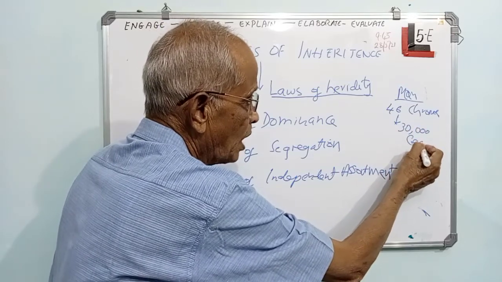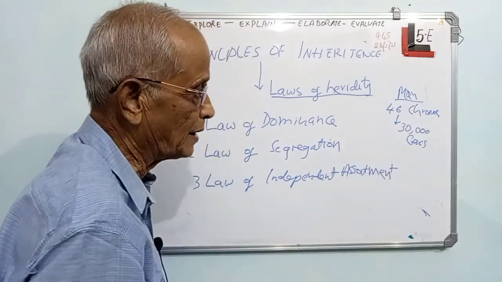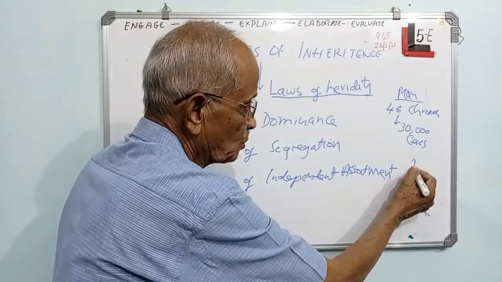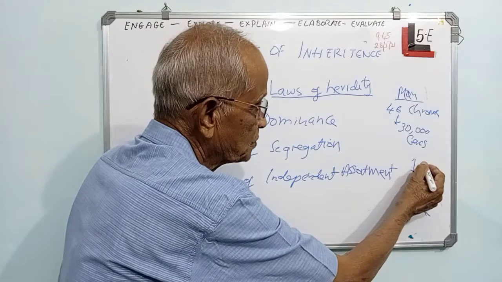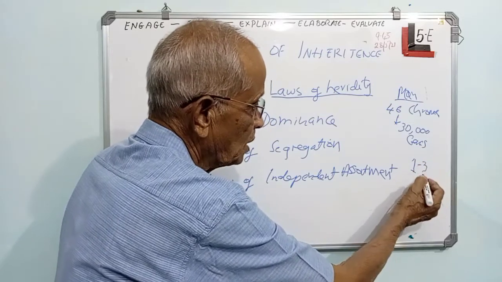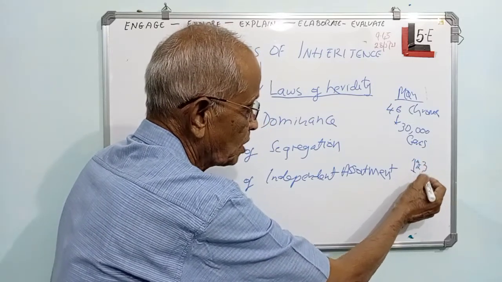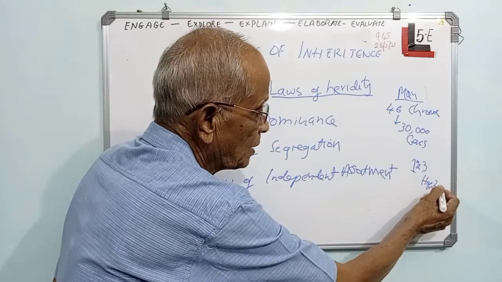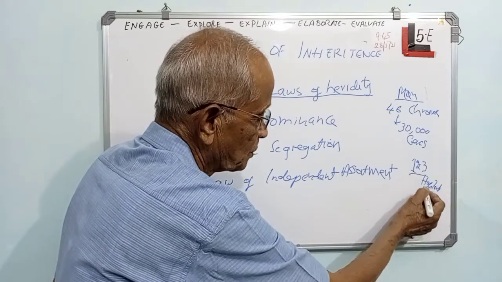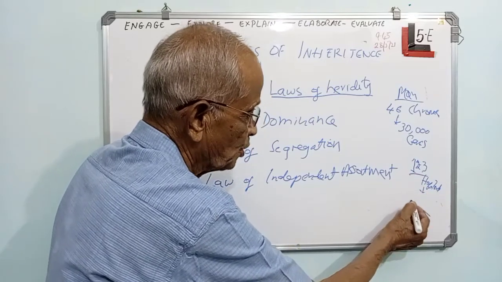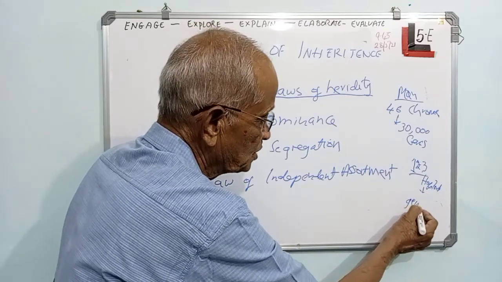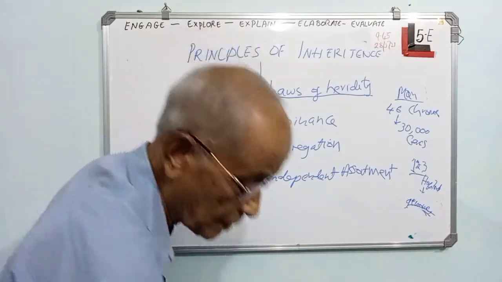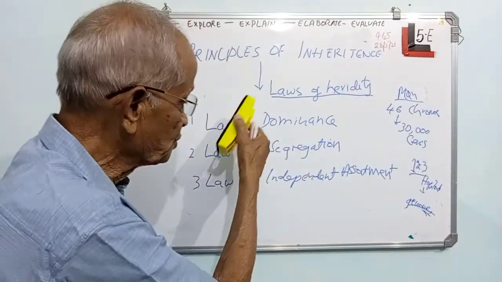You can imagine how many genes are there. And one set of chromosomes, that is 23 chromosomes, is called the haploid set, and whatever the number of genes present in it is called the genome.